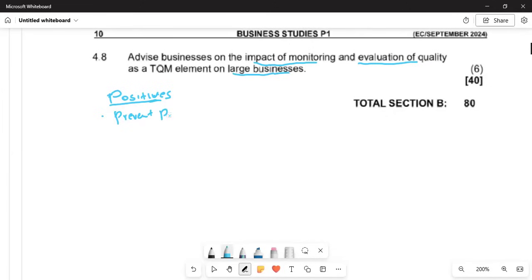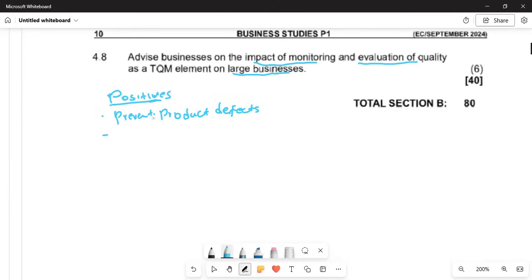So the first one, we can say it prevents product defects and minimizes wastage, as well as customer complaints. That is the advantage of monitoring and evaluation of quality element on large business.